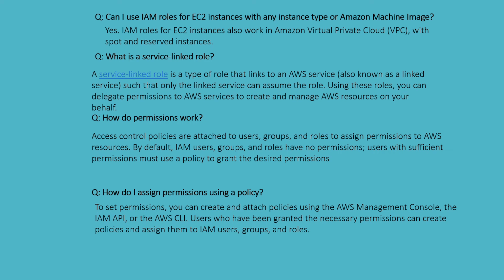How do I assign permission using a policy? To set the permission, you can create and attach a policy with the AWS Management Console, the IAM APIs, or the AWS CLI. Users who have been granted necessary permissions can create policies and assign them to IAM users, groups, and roles.